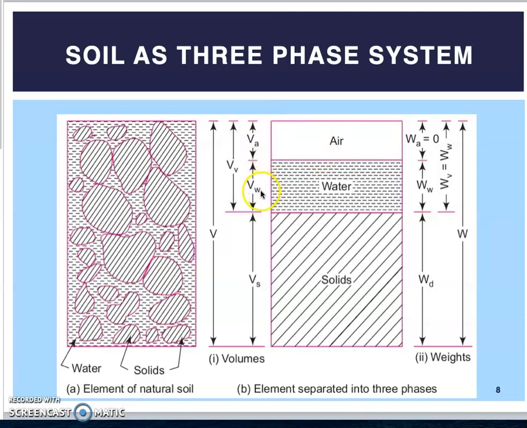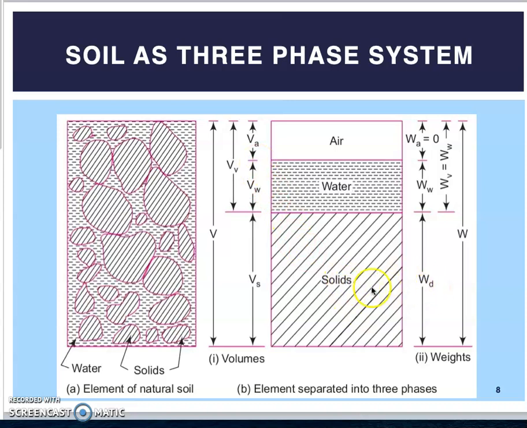VA plus VW plus VS total will give me volume of soil element. VA plus VW, what will this give me? Volume of voids.